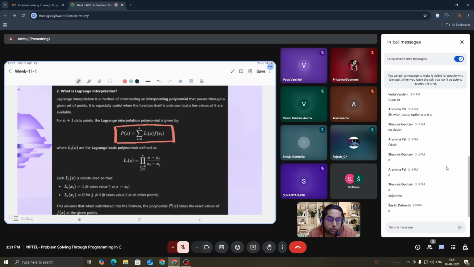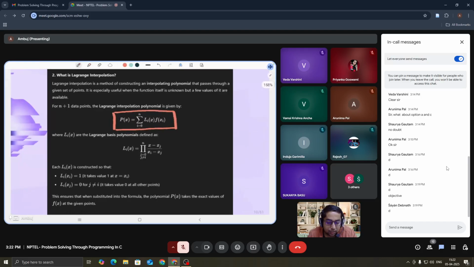If it had been an offline class, I would have got a better idea whether you are able to understand or not. But since it is an online class, help yourself, take a pen and paper and note it down. P of x is the Lagrange interpolation polynomial and it is given by the expression summation i equal to 0 to n L i of x f of x i.